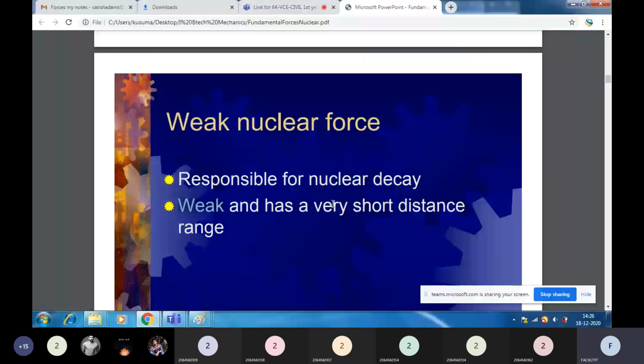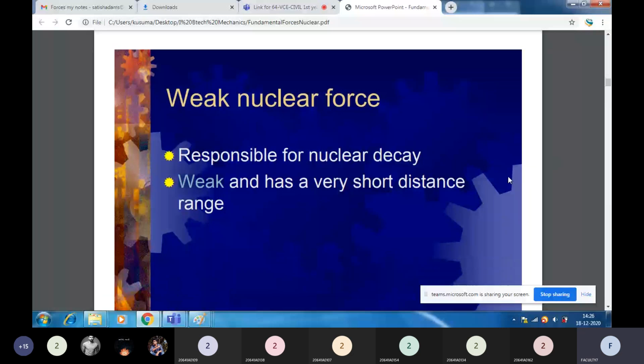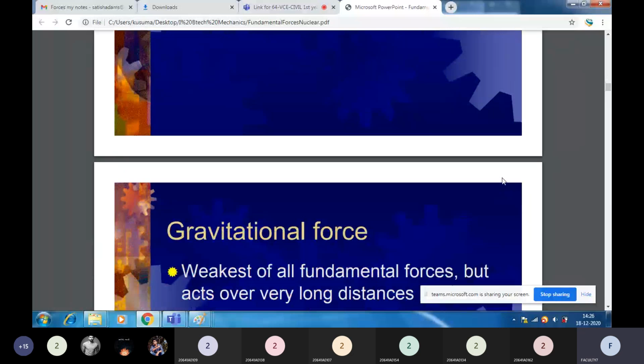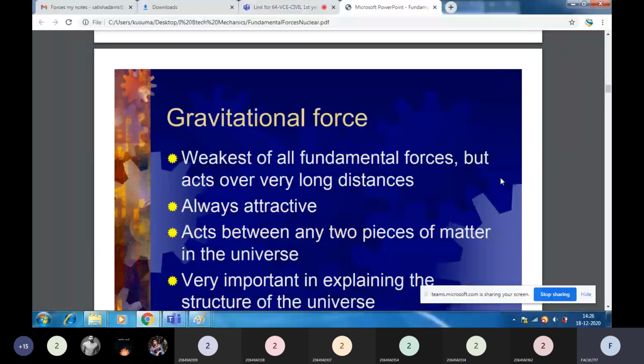Now if you go with the fourth, the gravitational force, what is the first important point? This will be the weakest of all the fundamental forces. We have four fundamental forces, but if you compare the amount, this will be the weakest of all four. But it will act over very long distances.